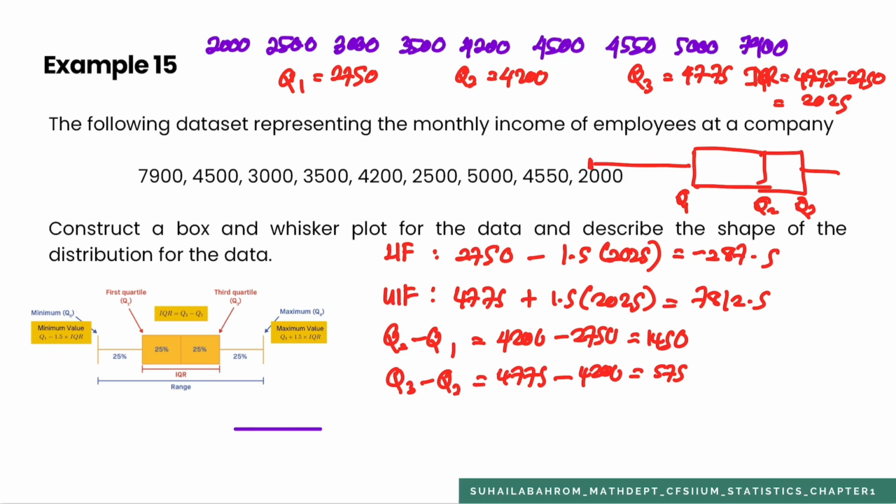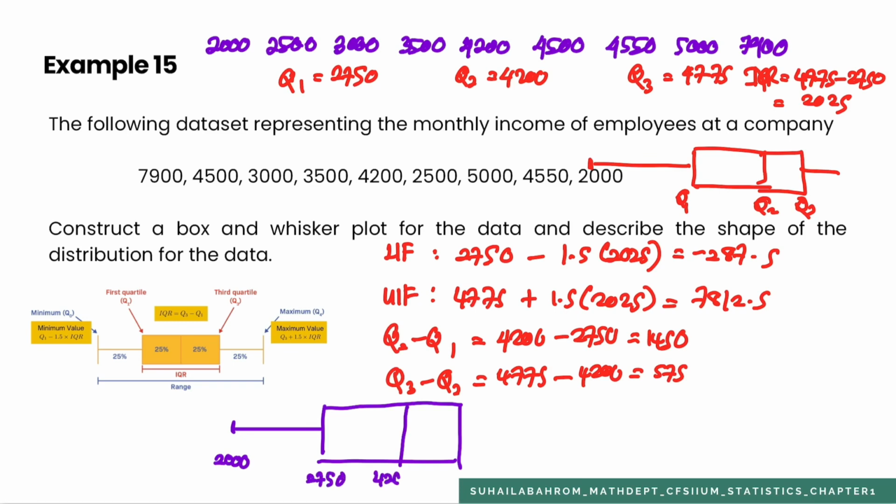We already sketched just now, but you have to mark everything here. The smallest value should be 2000. And we have the bigger box here, which is the Q1. The value of Q1 here is 2750.